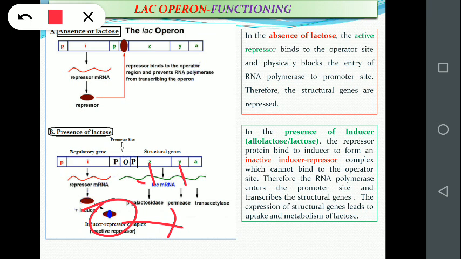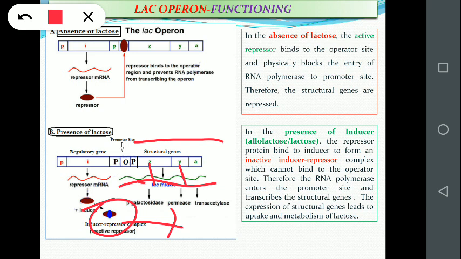But in prokaryotes, because the structural genes are in the form of a cluster, they are all transcribed at a time, and it produces a large mRNA molecule which is a polycistronic mRNA molecule.